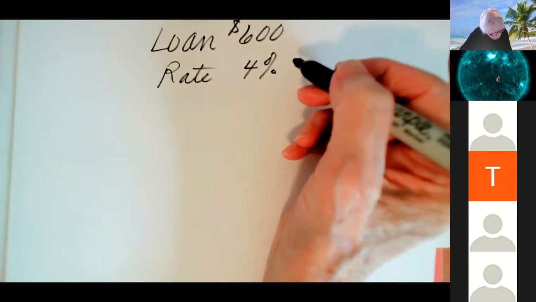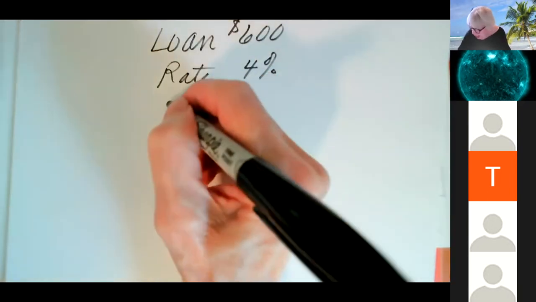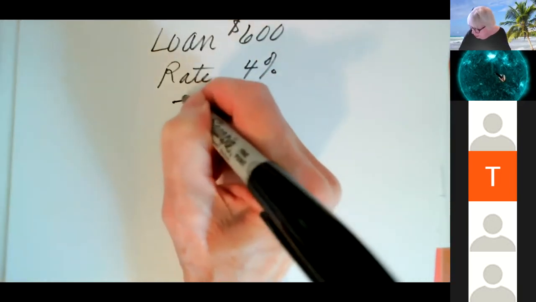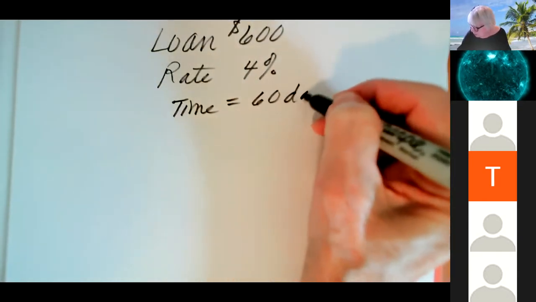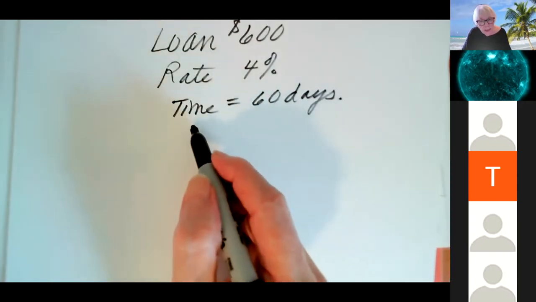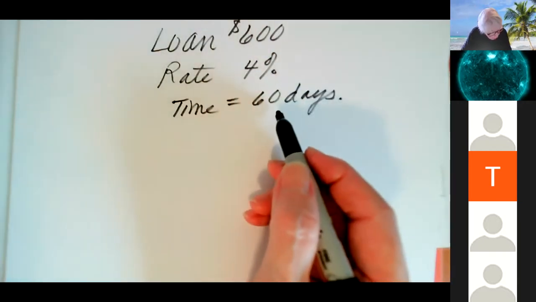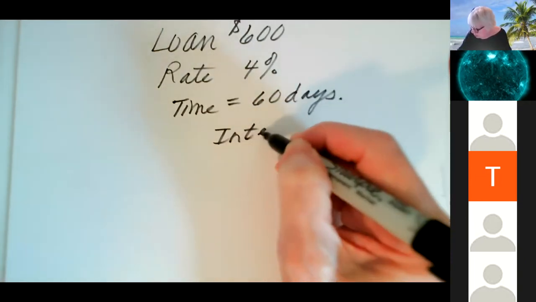How much interest does the student pay if the loan has to be paid back in 60 days? So they're going to pay it back in 60 days, 2 months, basically. And we want to know how much interest will be charged.